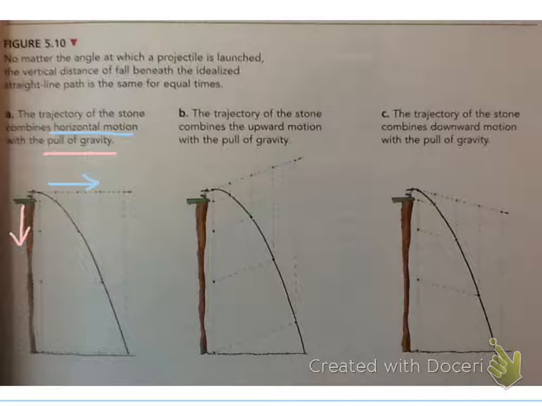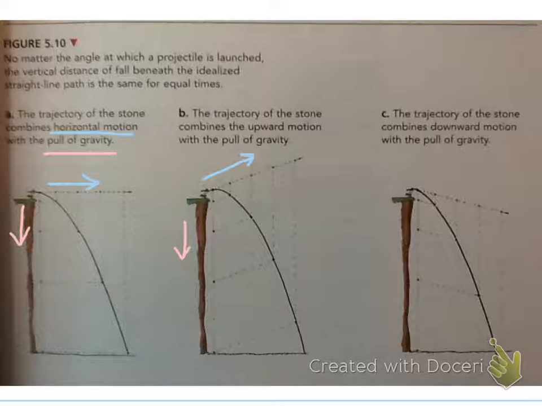Letter B. The trajectory of the stone combines the upward motion with the pull of gravity. So this time we didn't launch it straight horizontal. We still have gravity acting on it downward, but this time our horizontal component isn't straight horizontal, it's angled upward a little bit.